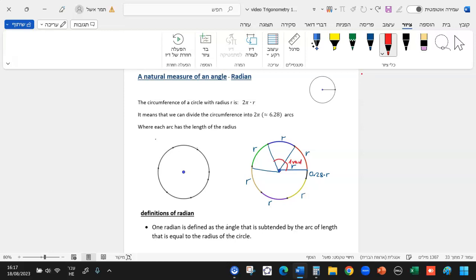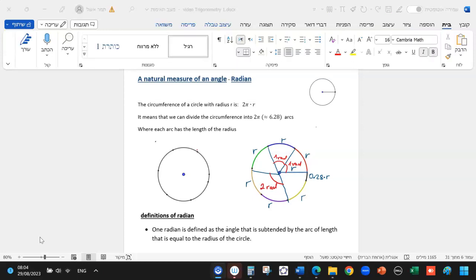This one is 2. This is 1 radian. If we look at this angle, for example, this angle is measured as 2 radians because the arc here has the length of 2 times the radius.